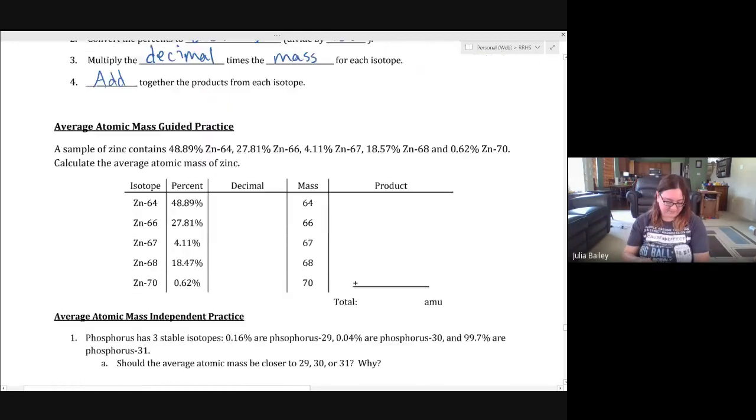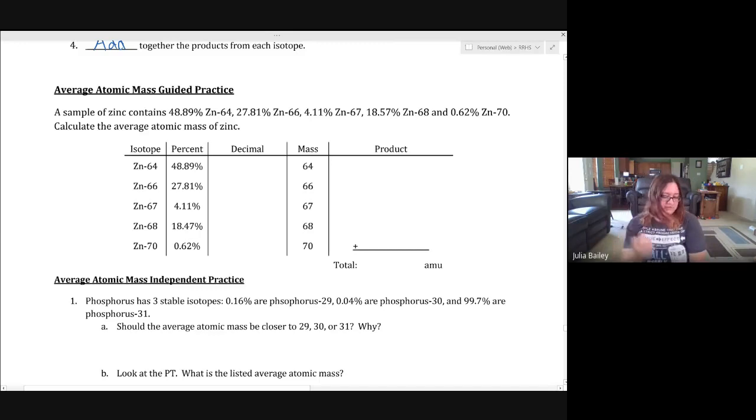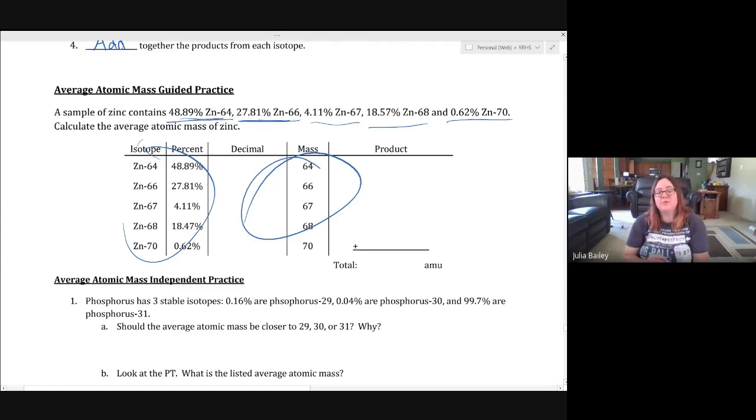So for example, a sample of zinc contains 48.89% zinc 64, 27.81% zinc 66, and so on. Conveniently, all of that information is in a table for you. The table makes it so much easier.